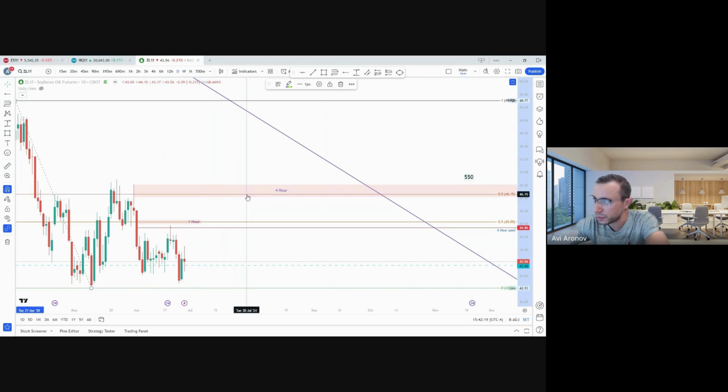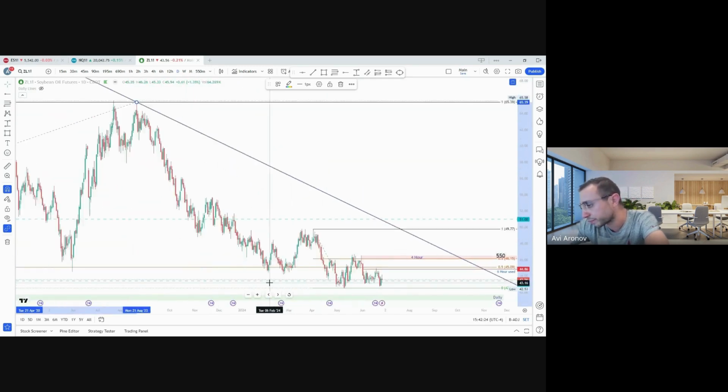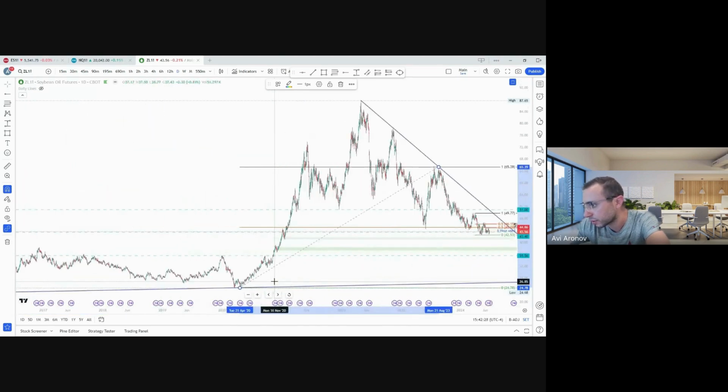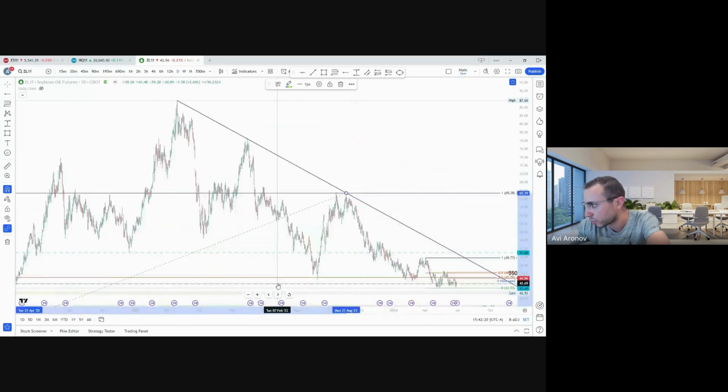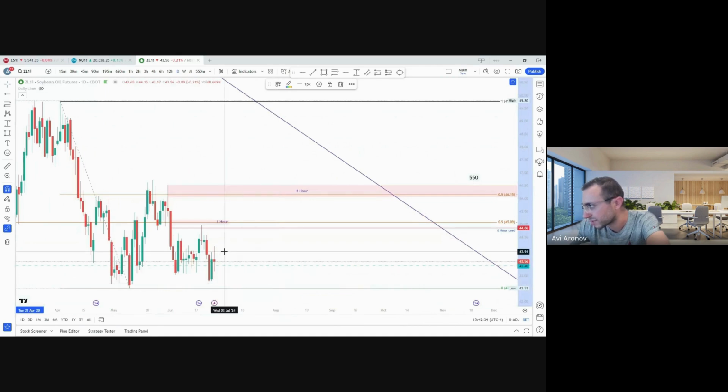The same thing with the 4 hours from this trend line. So that's very, very crazy and interesting that it worked that way. So that's an even better area for us to short in the event that that will happen.